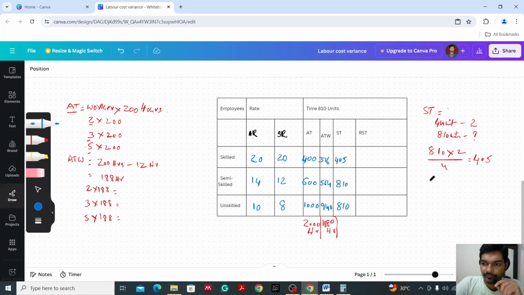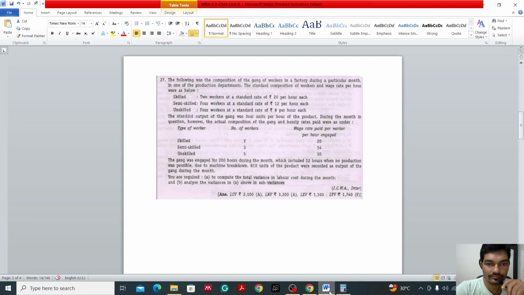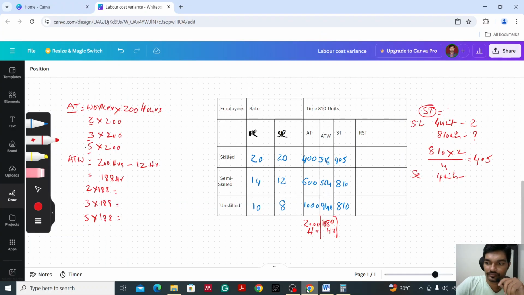Actually, let me complete this. This is the standard data for skilled labor and semi-skilled labor for 4 units, and for 4 units the standard labor used here, I think 4 workers used, and for 810 units how much? 810 into 4 divided by 4.